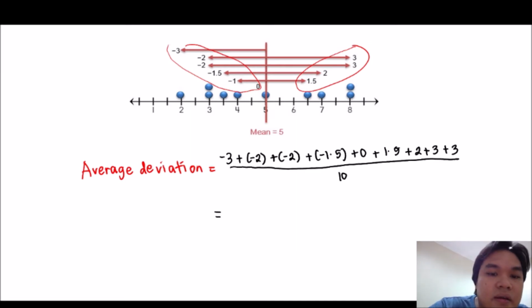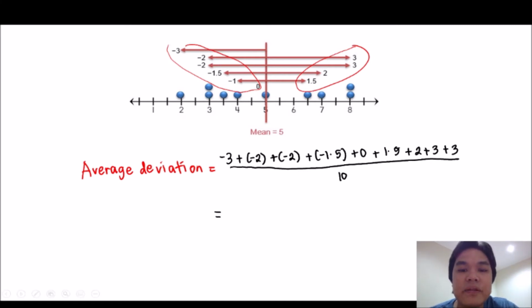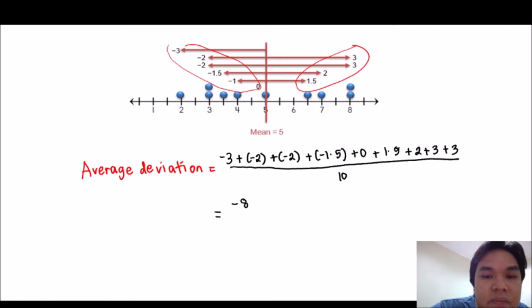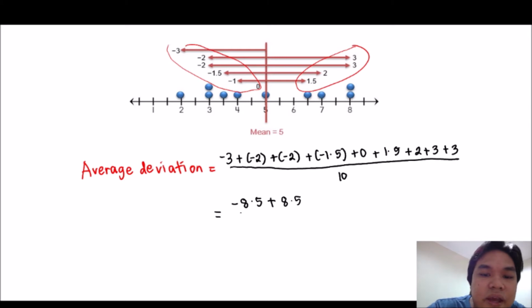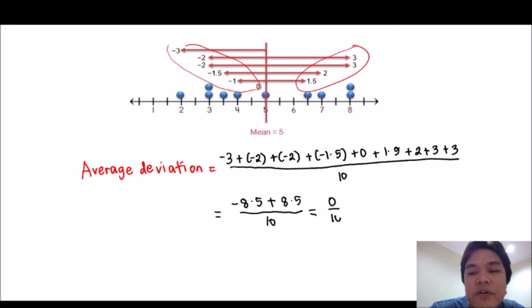Negative 3 plus negative 2 plus negative 2 plus negative 1.5 plus 0 is negative 8.5. And then 1.5 plus 2 plus 3 plus 3 is 8.5. So negative 8.5 plus 8.5 all over 10 will give you 0 over 10, which is 0. Which doesn't make sense at all.